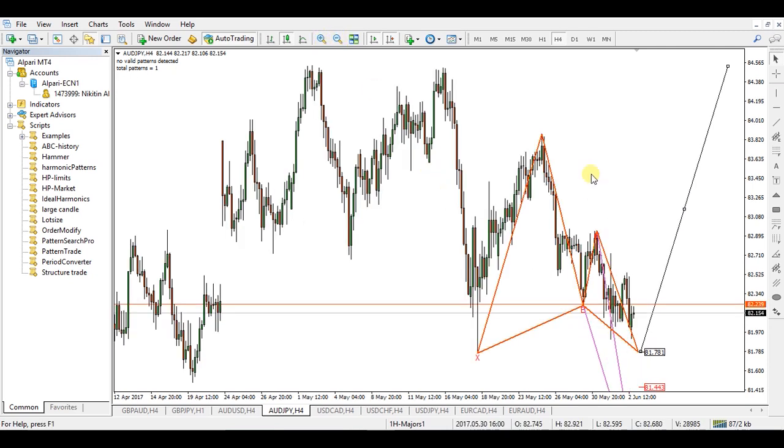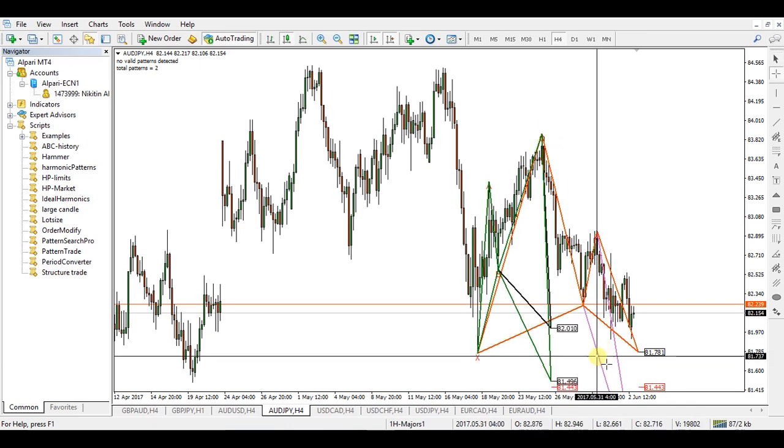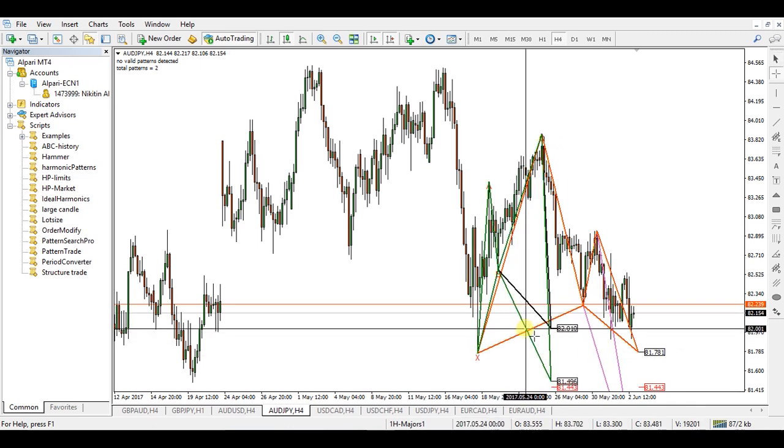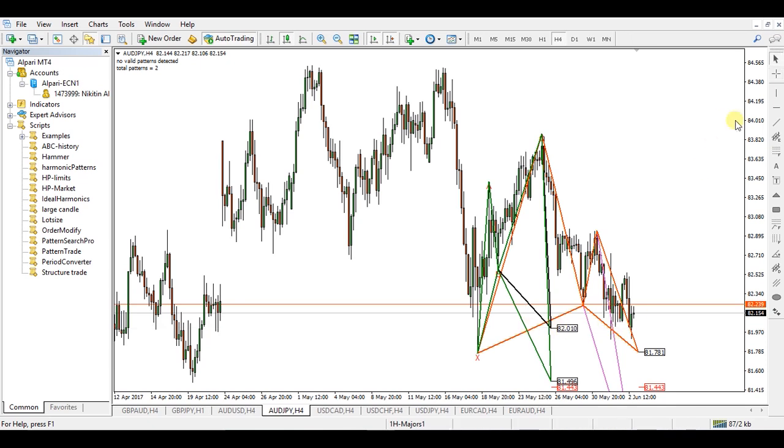Another opportunity I'm looking at is this: X to A to B, B to C. This opportunity is called a shark pattern, and it is already triggered. It was triggered on this candle. Let me see if we hit targets already.